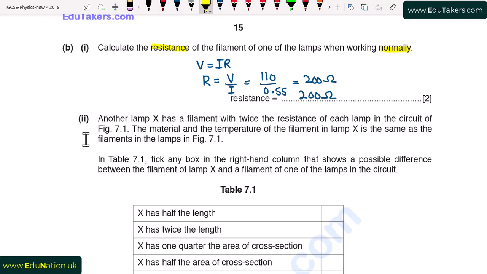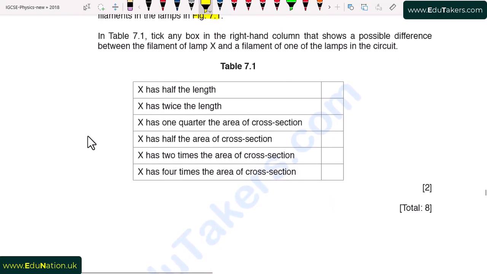Part 2. Another lamp X has a filament with twice the resistance of each lamp in the circuit of figure 7.1. So there is another lamp whose resistance is double. The material and the temperature of the filament in lamp X is the same as that of the filaments in the lamps in figure 7.1. In table 7.1, tick any box in the right hand column that shows a possible difference between the filament of lamp X and the filament of one of the lamps in the circuit.